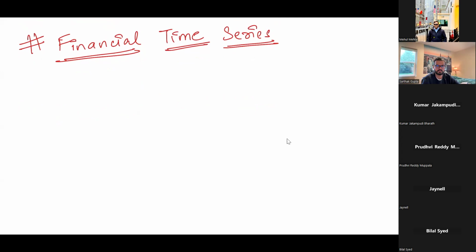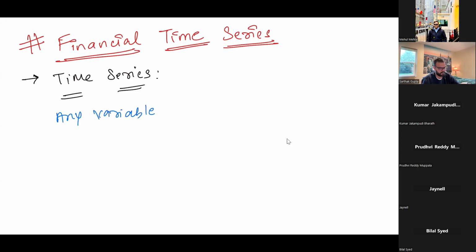Okay, perfect. So let's understand what a time series is first. A time series is any variable which has time associated with it.